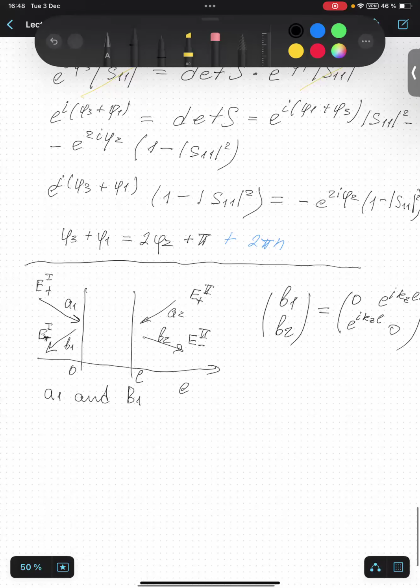because we can write the phase like i k_z z.